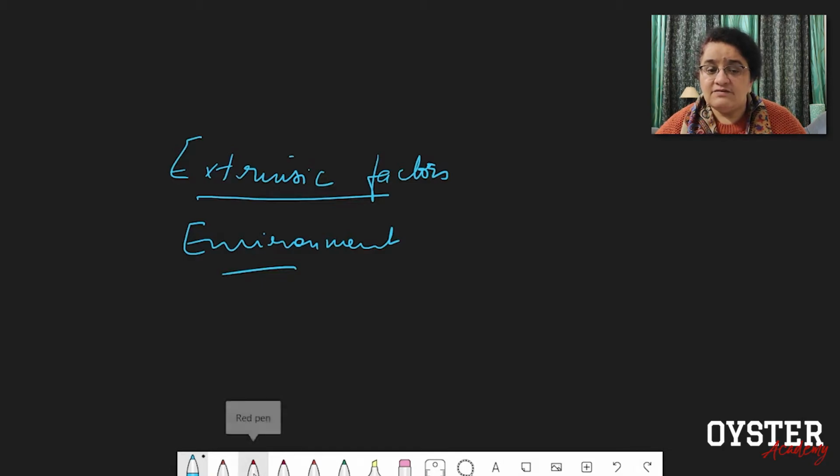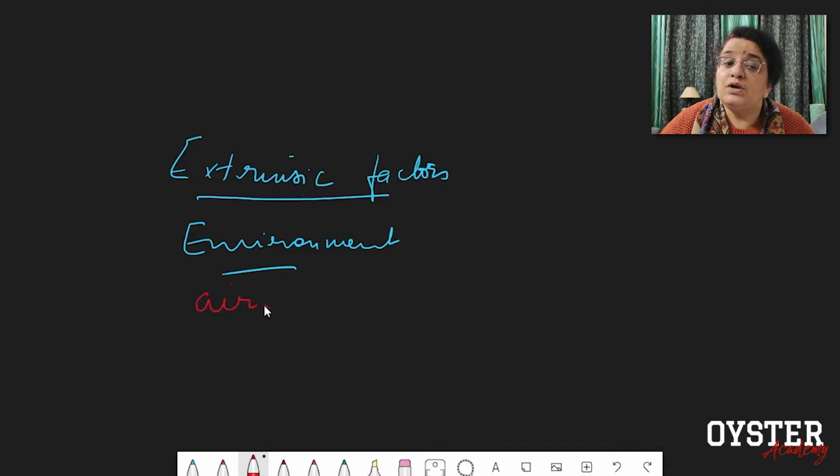For example, if we take air, many microbes enter the body of the host through air. All of you know this COVID virus, the virus of COVID-19, enters through the air and through the food also. Because of the air and because of contaminated food, rather contaminated hands, these viruses or even bacteria enter our body, and even through water.